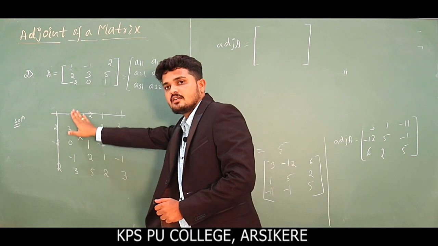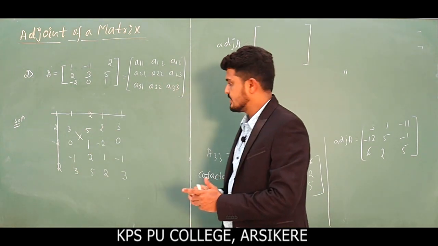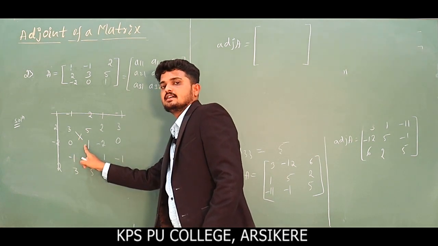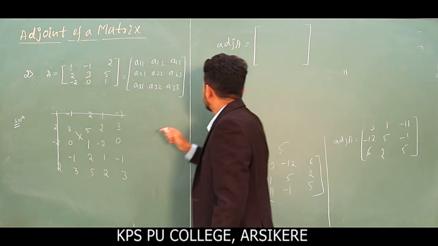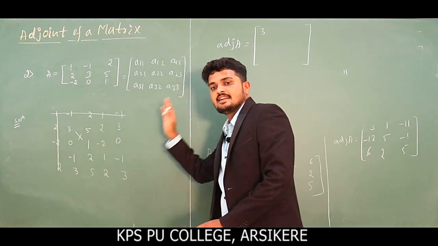I am now calculating in column, but while writing you must write in row. So 3 × 1 3 minus 0. If you are calculating in column, write in row.